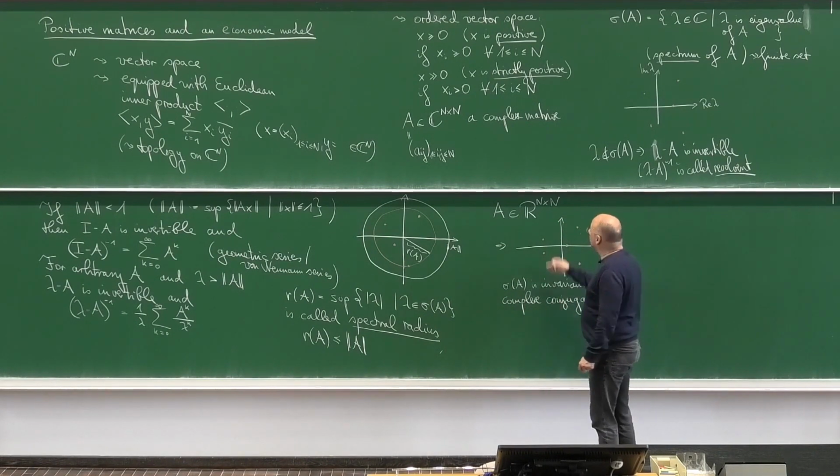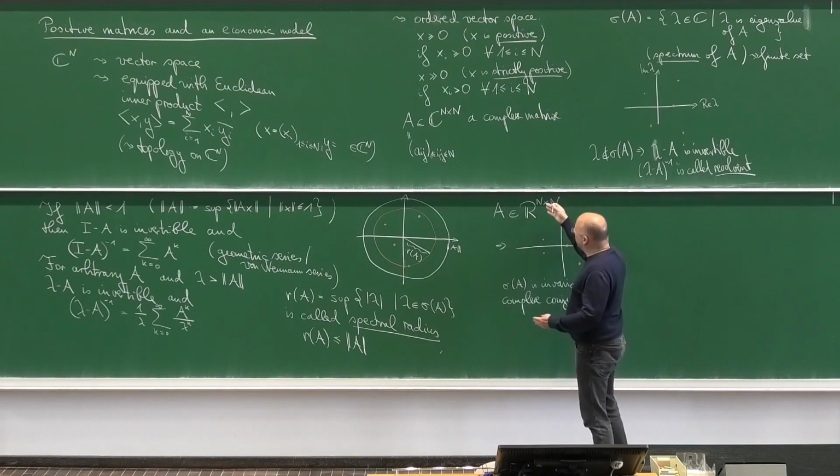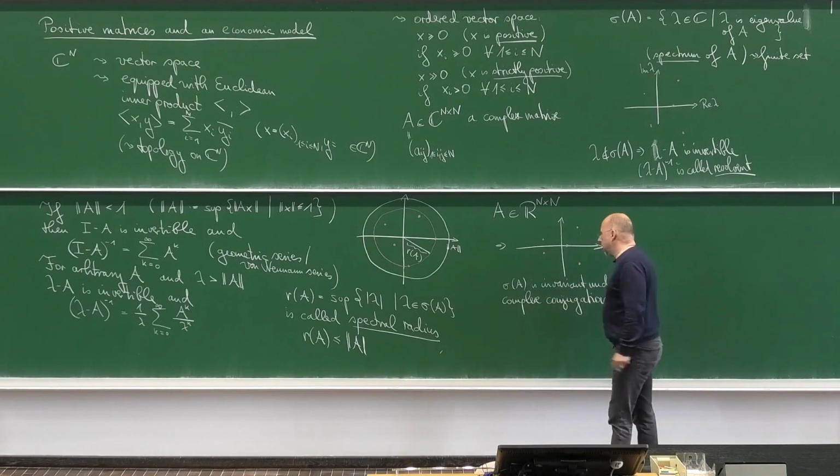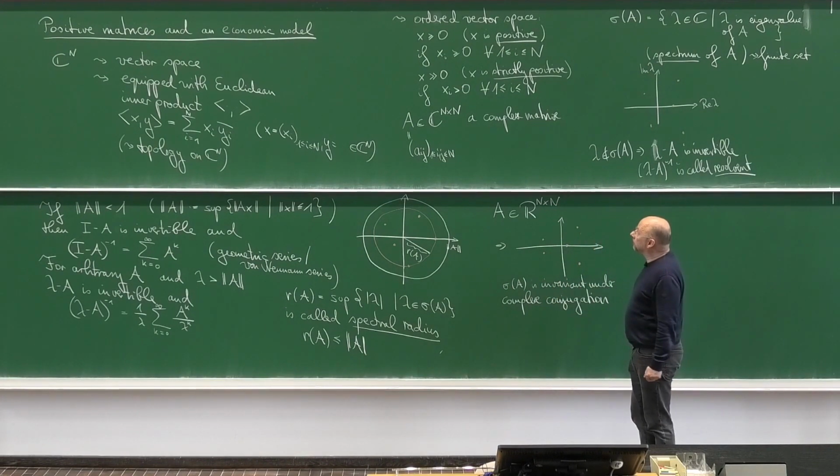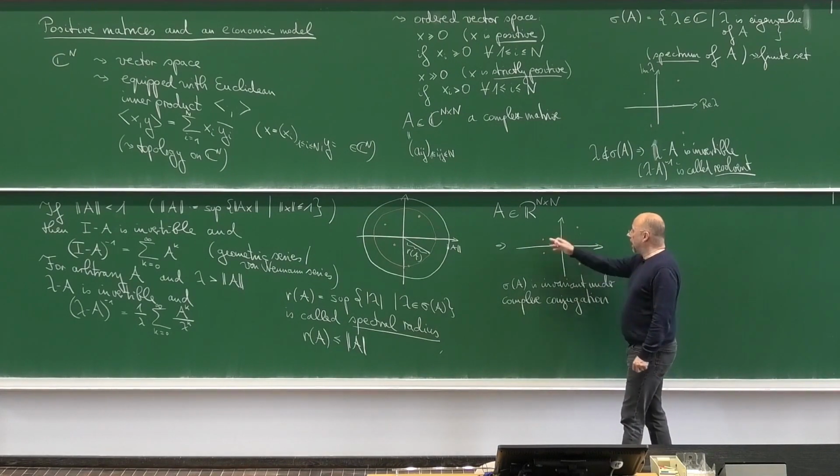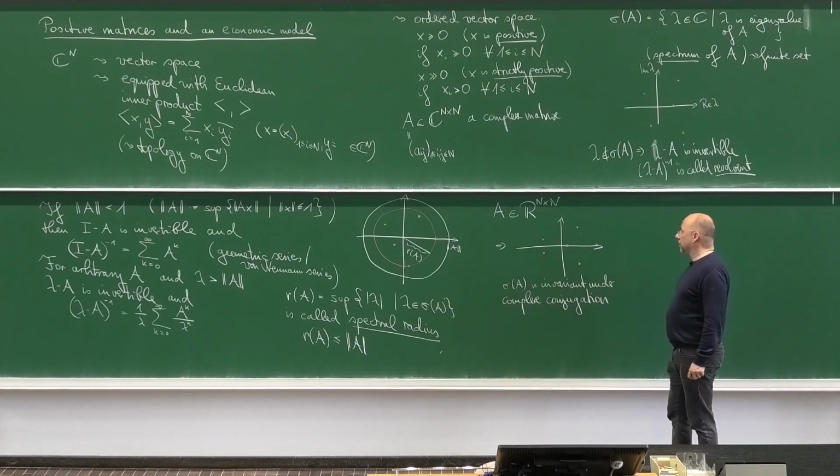But as you know, even if we have a real matrix, we might think that it acts only on Rn, but as it comes to spectral theory, it's better to consider it on Cn and to see it as a complex matrix because still the eigenvalues may be complex.